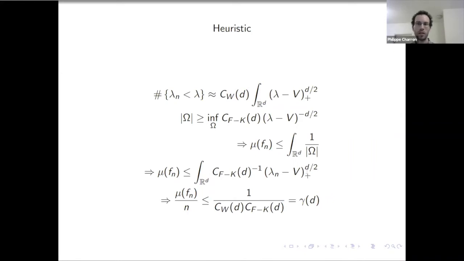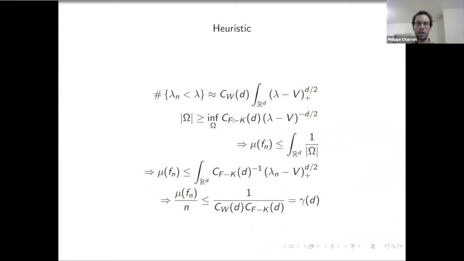The first step here is that you have this infimum term, and here you have this lambda n minus v, but there's an infimum that's gone.